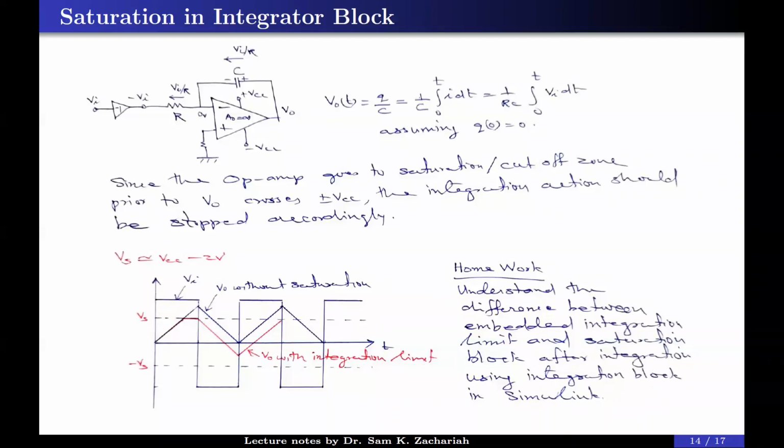While the output is going towards plus VCC, normally it is going towards saturation. Then there is a voltage across collector and emitter of the transistor under saturation condition. That will depend on the device. For silicon transistor and for germanium transistor, different values are there. One is around 0.5 volt, other is around 0.2 volt.